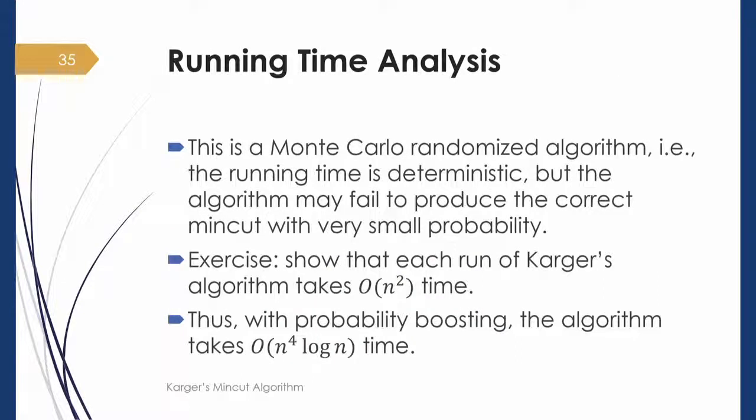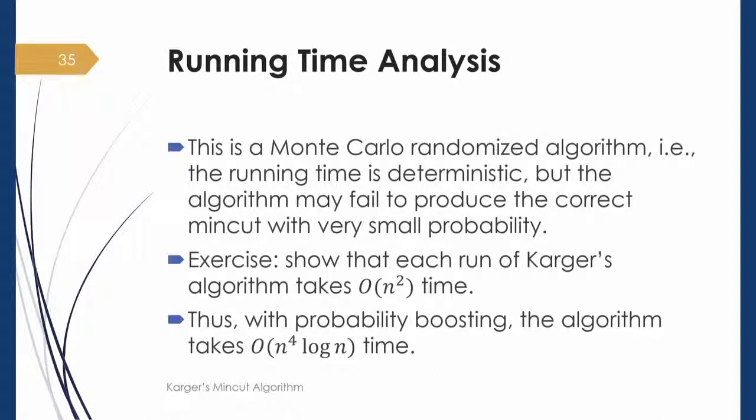We are finally left with running time analysis. This particular algorithm is a Monte Carlo algorithm. So, the running time is actually a deterministic quantity. Of course, the algorithm may fail to produce the correct min cut, but with a very small probability. So, a quick exercise here: you have to show that each run of Karger's algorithm takes O of n squared time.